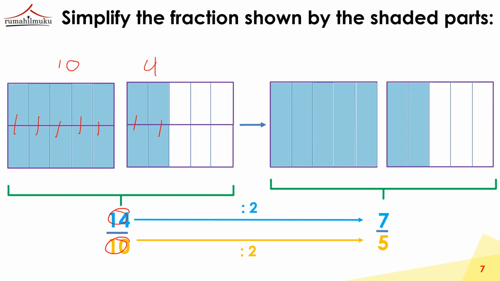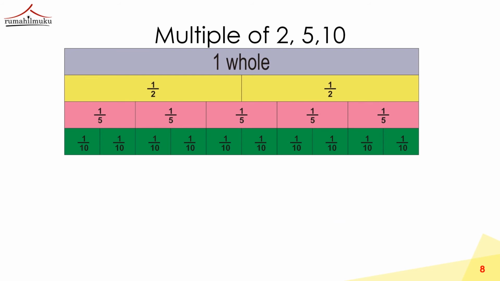Now over here, when we try to change the denominator of fractions, we need to do multiplication. If you want to change the denominator from 2 to 10, we need to multiply it by 5. And 2 and 10 are both numbers that can be divided by 2. The same goes for changing the denominator from 5 to 10.